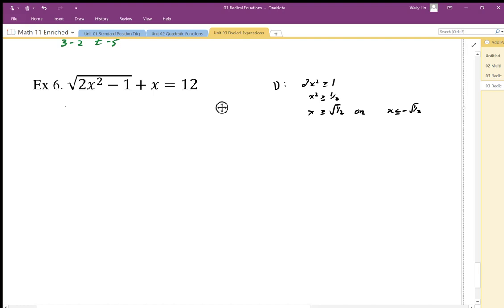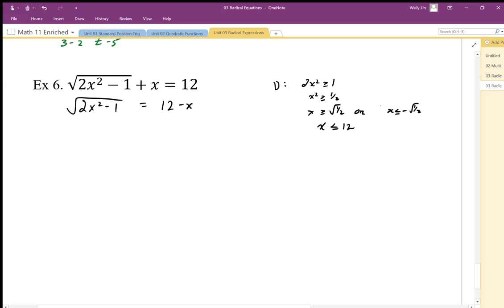The outside restriction, again, we want to base that off of what the outside of the square root equals, and we can say that x must be less than or equal to 12, because if it's bigger than 12, we're taking away more than 12, which is going to give us negative.